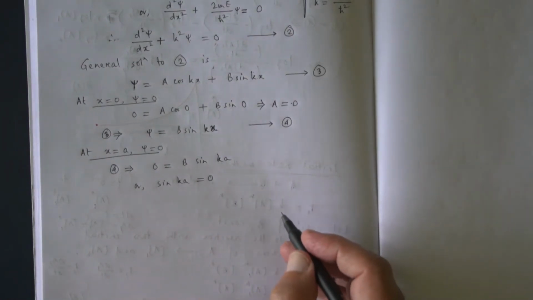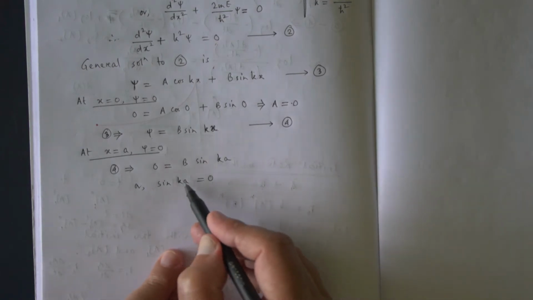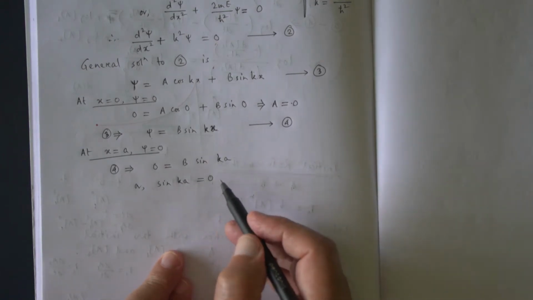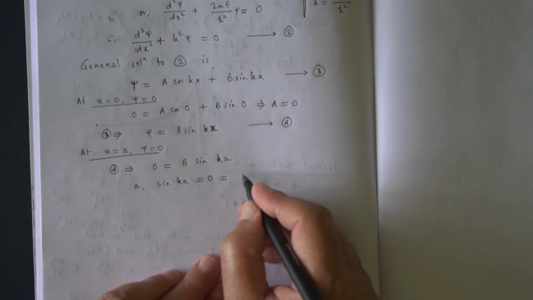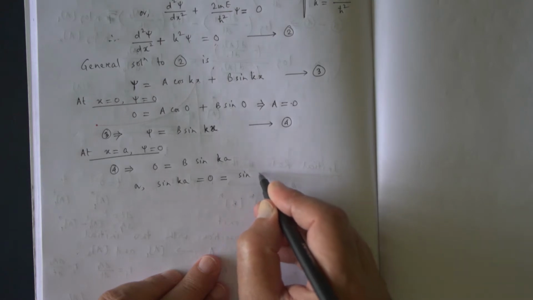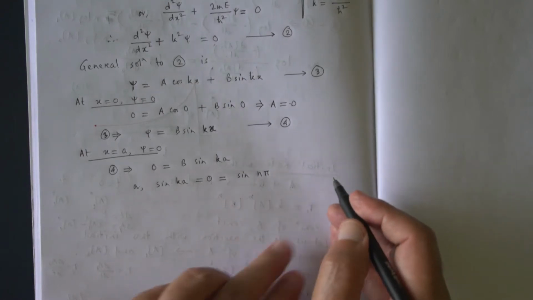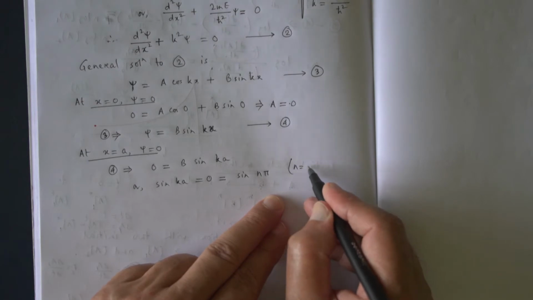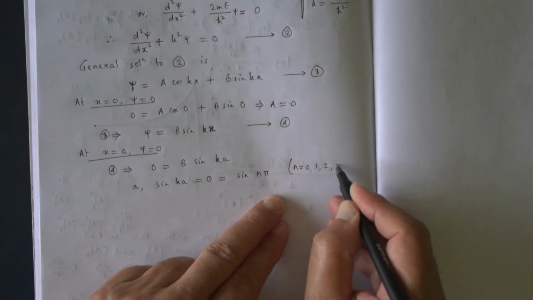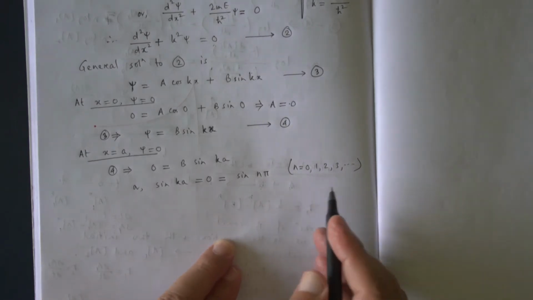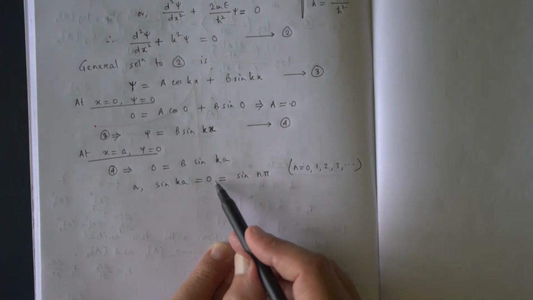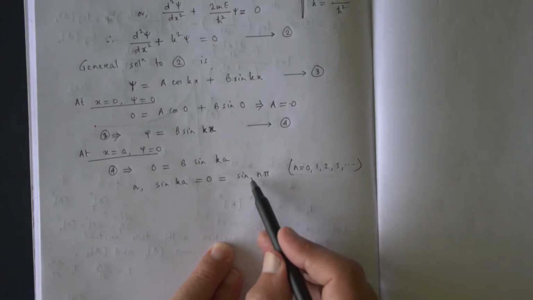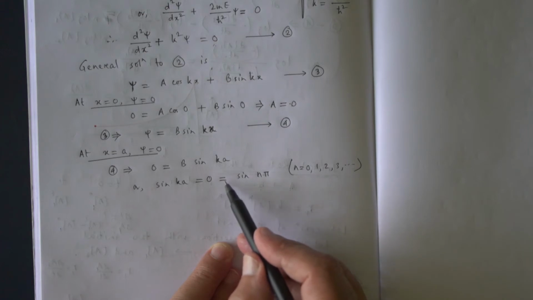Now sin theta equal to 0. When does sin theta become 0? When theta is n pi, where n equal to 0, 1, 2, 3, etc. Because n is 0, sin 0 is 0; n is 1, sin pi is 0; n is 2, sin 2 pi is 0, and so on.